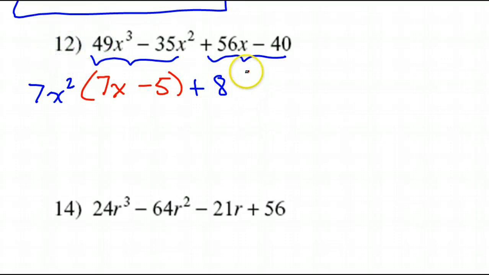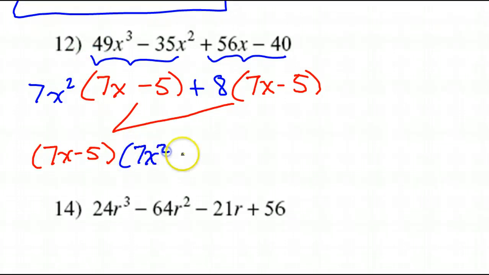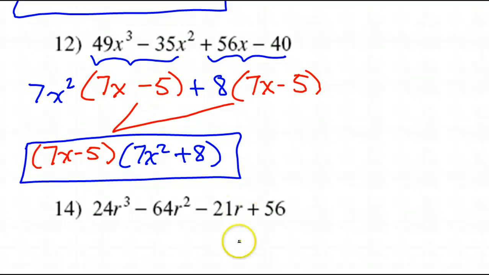On the inside, that's going to leave 7x minus 5 again. Alright, so we'll pull out the common factor of 7x minus 5, and that's going to leave behind the blue parts, which are 7x squared plus 8. Okay, so there's your answer to number 12.